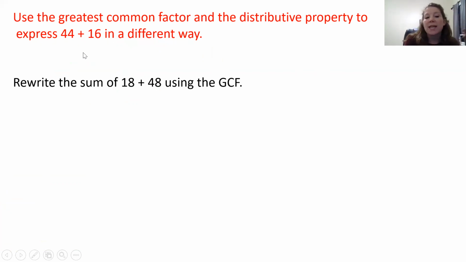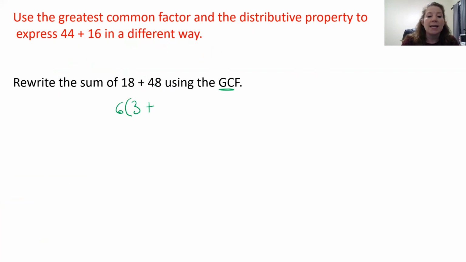So what about 48 and 18? Earlier we did these two numbers, and we decided that the greatest common factor of these two numbers is 6. So let's pull out that greatest common factor, 6. And now 6 times what is 18? That'd be 3.